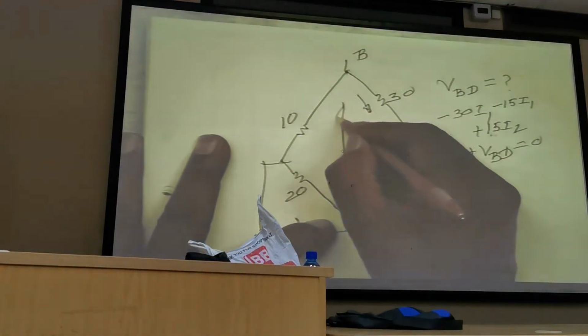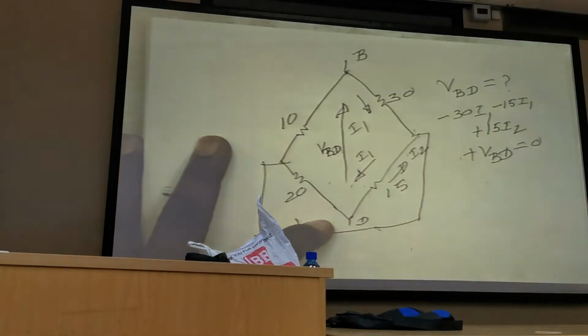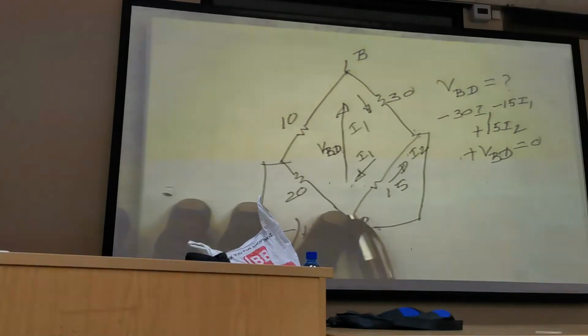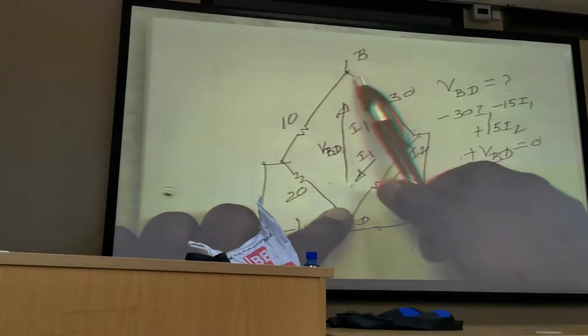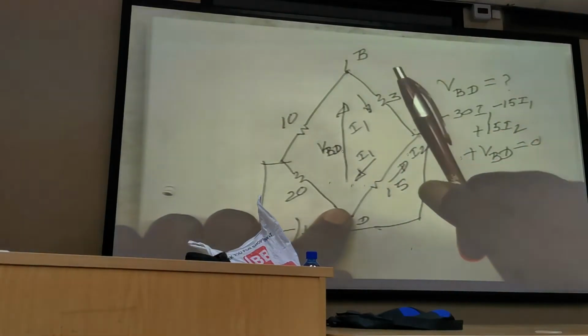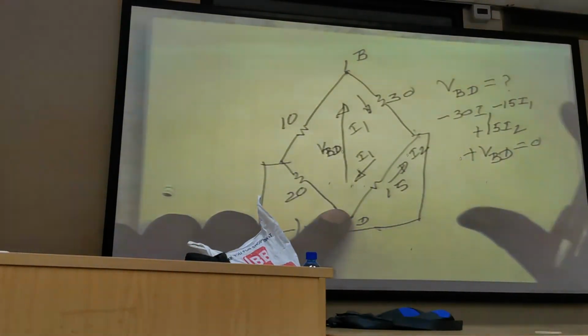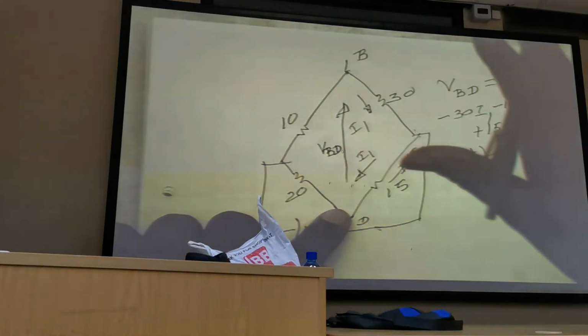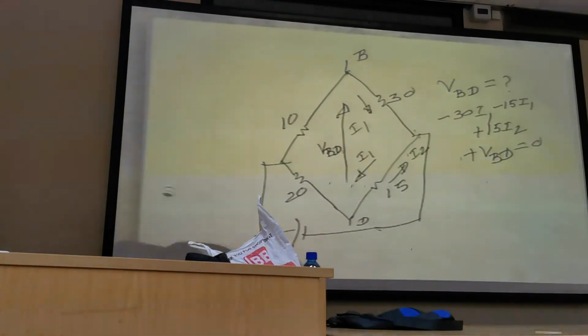Meaning, we are showing this is your VBD. Clear? Meaning, here to here, negative to positive. Okay? So we are assuming B is at higher potential. VBD means V of B with respect to D. We are assuming B is higher potential than D. If it is negative, we will say the other way around. Clear? Yes, sir.